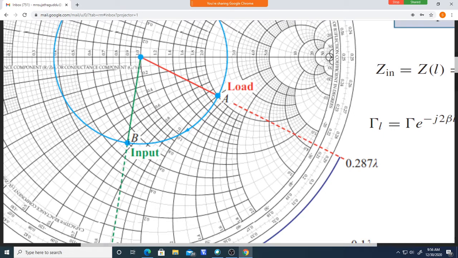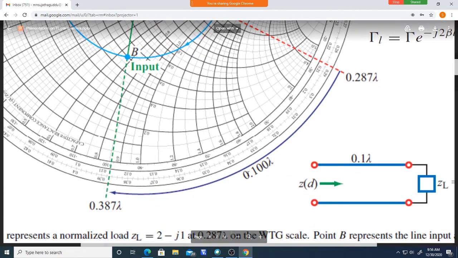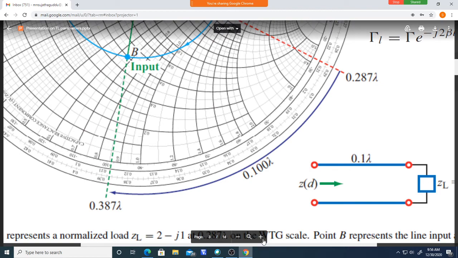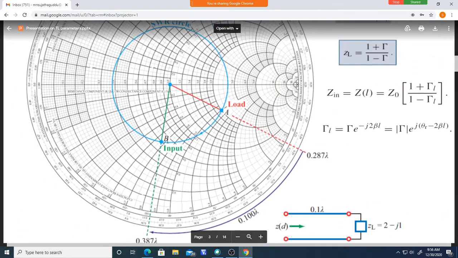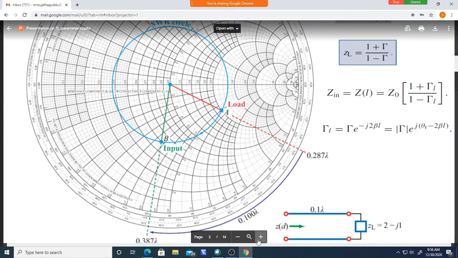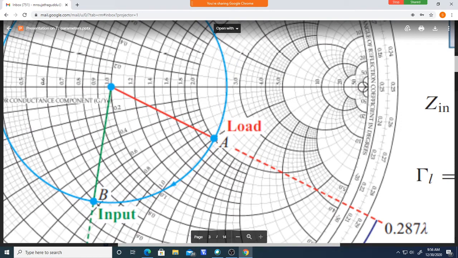Now read the impedance here, whatever it is. That is the impedance at 0.1 lambda from the load. What is the resistance value? 0.6 here.